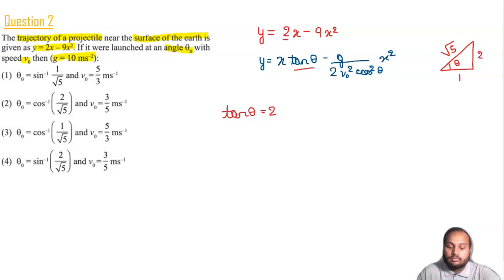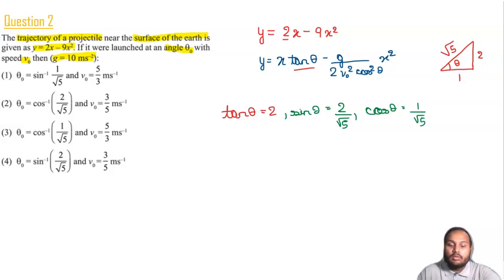So if tan theta is equal to 2, then we can easily write the values of sine theta and cos theta. Sine theta here will be 2 by root 5, p by h, and similarly cos theta here will be b by h, that is 1 upon root 5.